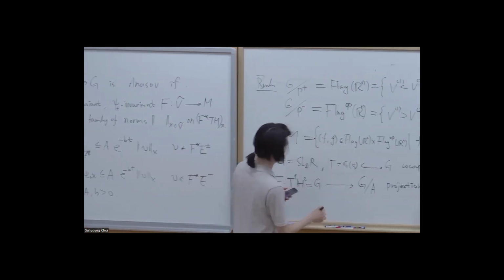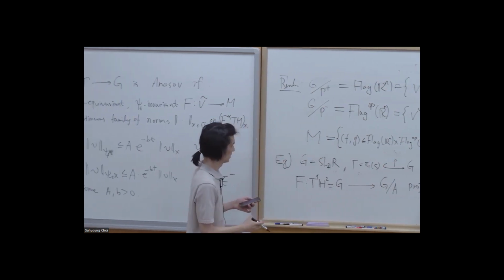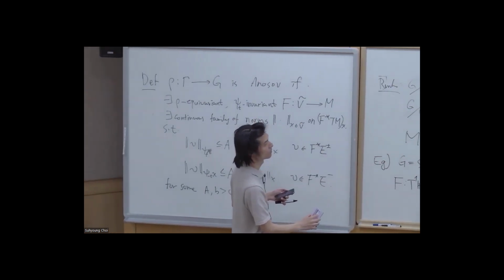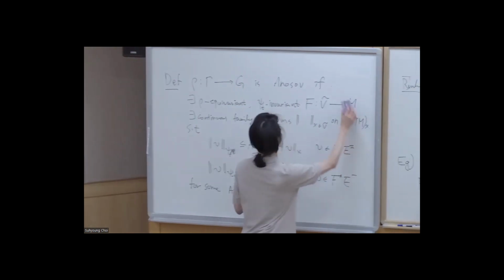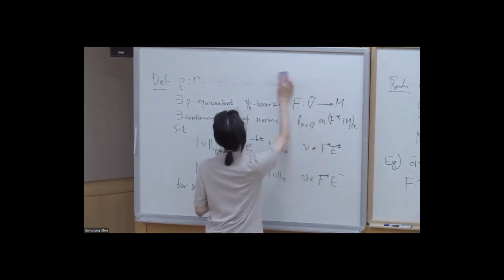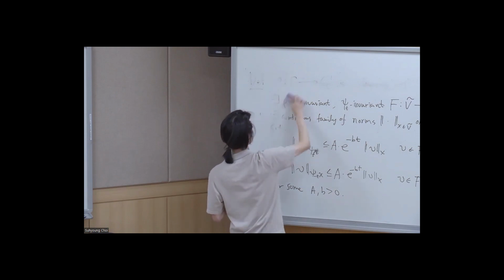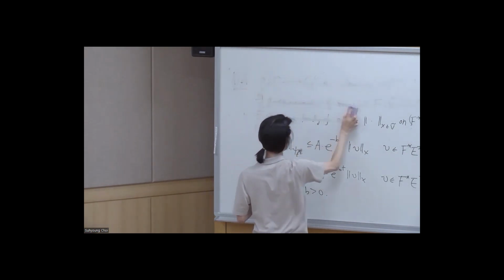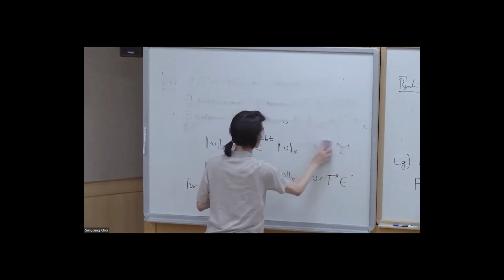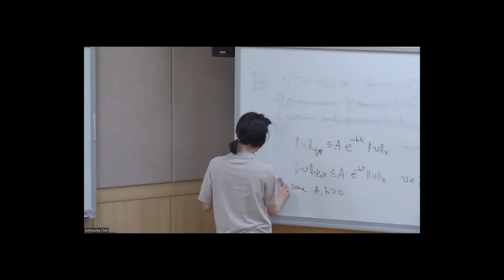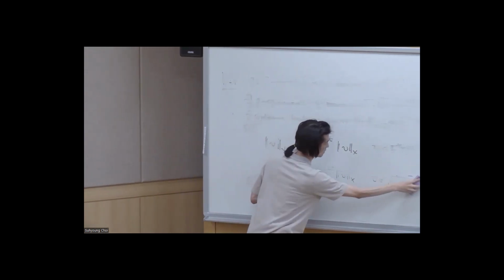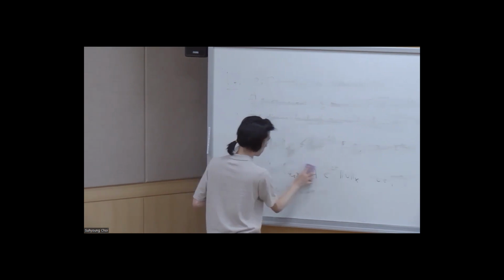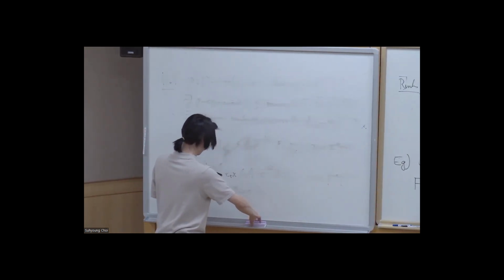In this setting, I want to show that this representation is actually an Anosov representation.